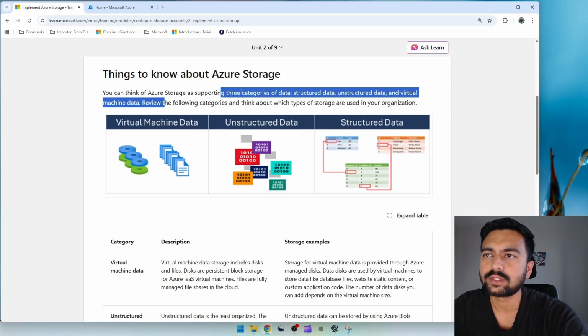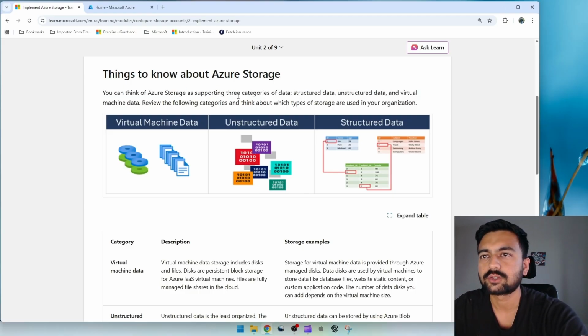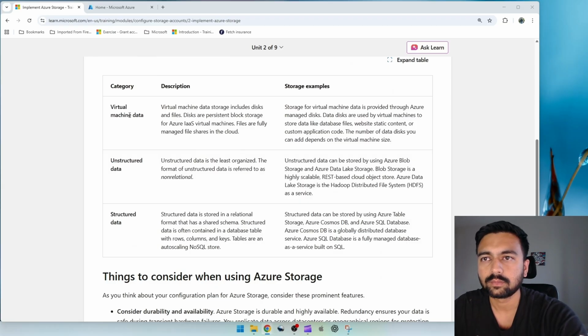You can think of Azure storage as supporting structured data. So three categories of data we get: structured, unstructured, and virtual machine data. The virtual machine data is when Azure managed disks is used.